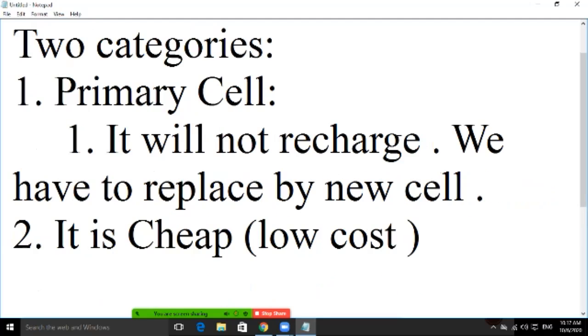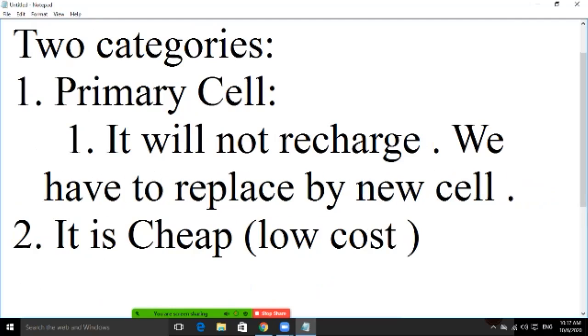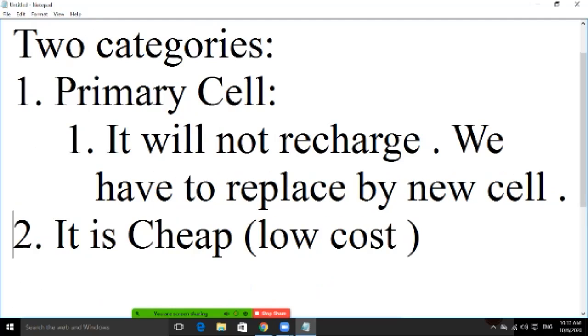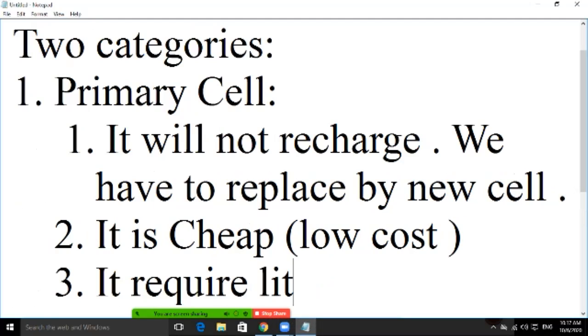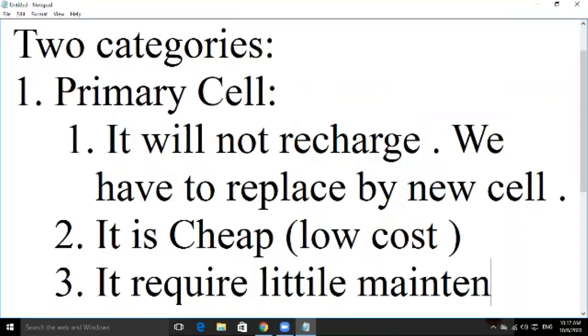Third point, it requires little maintenance.